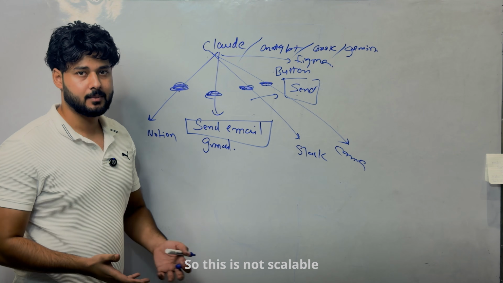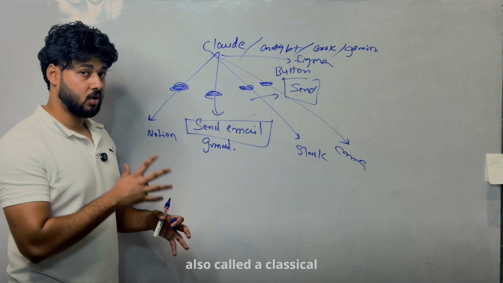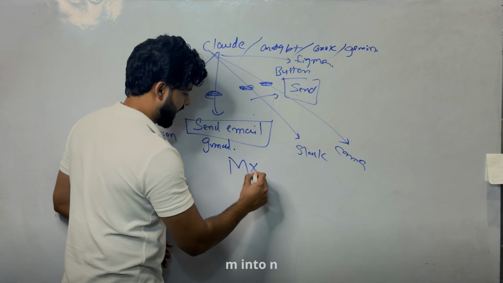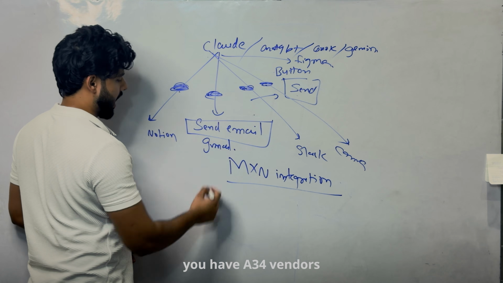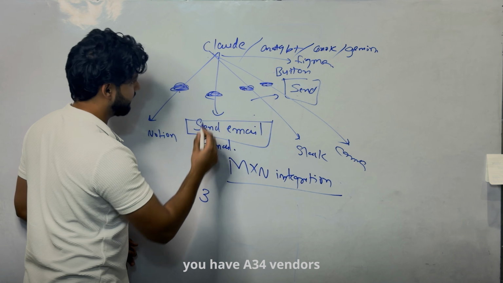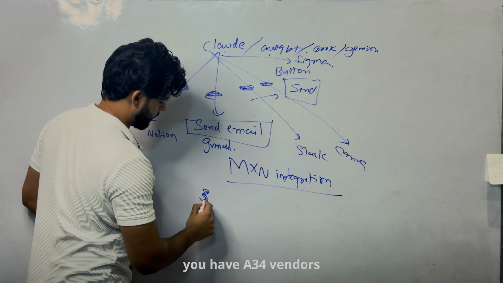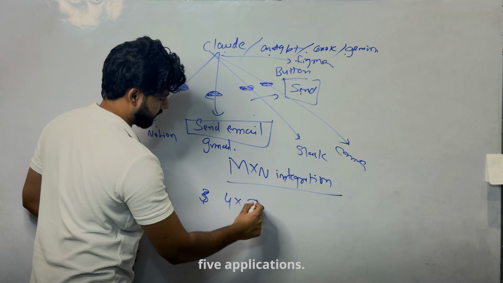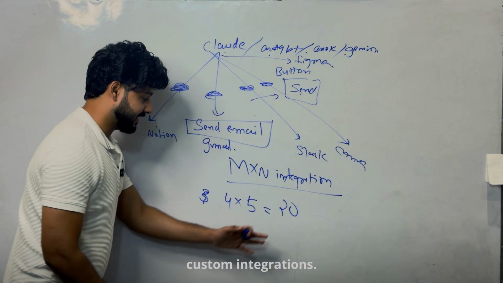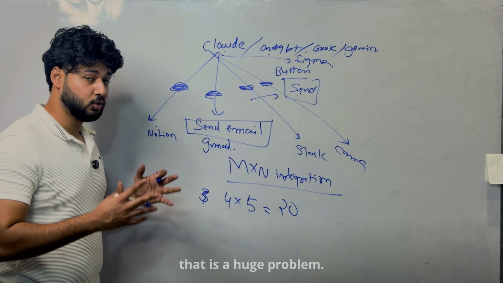So this is not scalable, and this is a classical problem called M into N integration. It means you have four vendors and you want to connect 5 applications. So you will need 20 custom integrations. That is a huge problem.